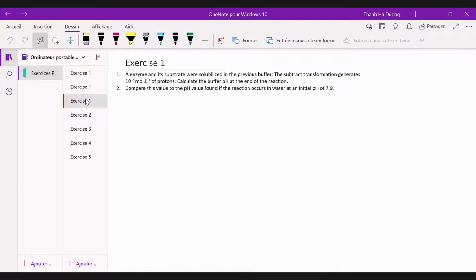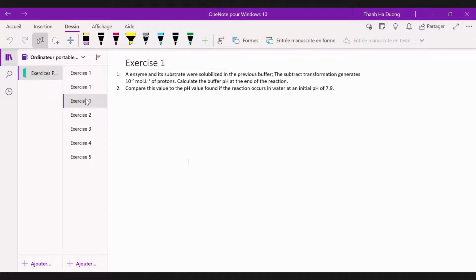So we will see in this question how it is very important to use buffer solution when we do enzymatic reaction, for example. So here we have an enzyme and its substrate solubilized in the buffer we prepared, and the substrate transformation generates 10 minus 2 mole per liter of proton.